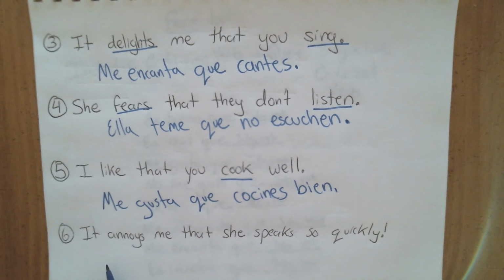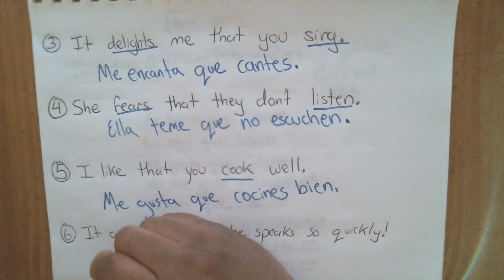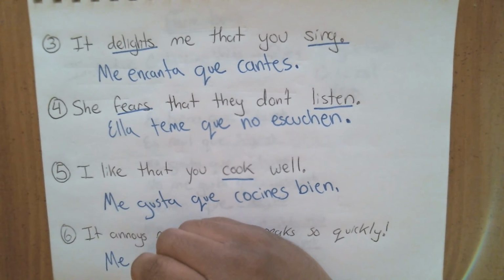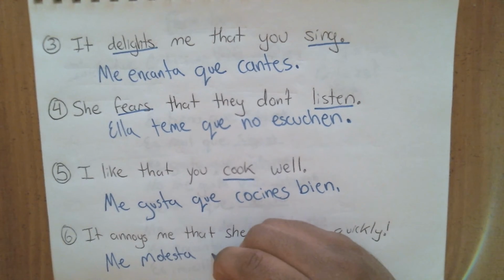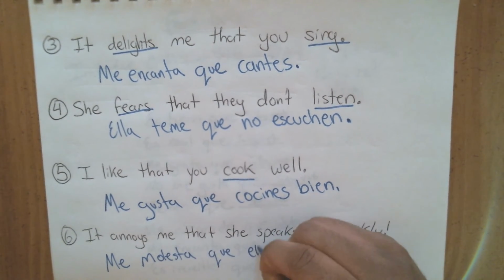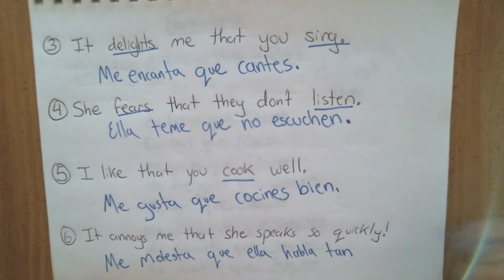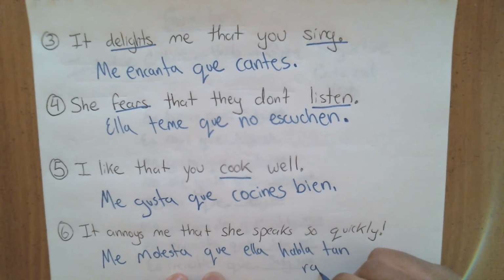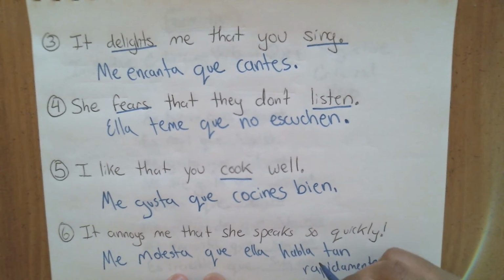It annoys me that she speaks so quickly. How do I conjugate that? It really does annoy me. It's just me molesta que ella habla tan, which means so, rápidamente. Okay?